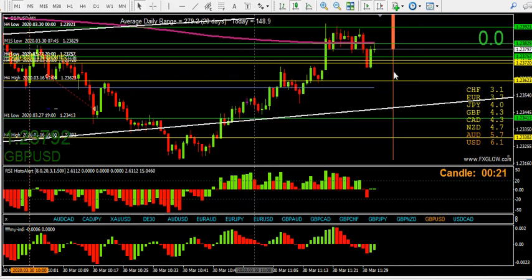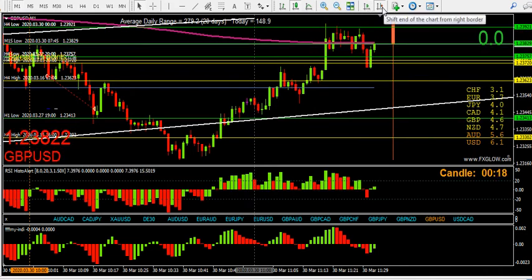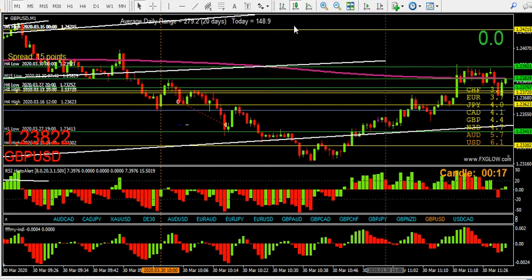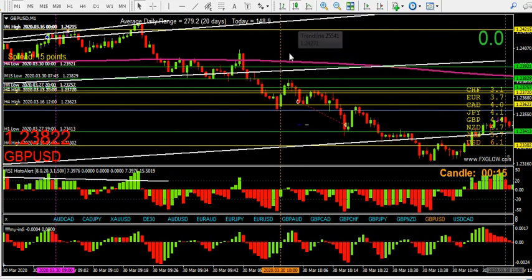So the entry, this was just a classic pure price action method entry. I could draw a descending trend line on here.